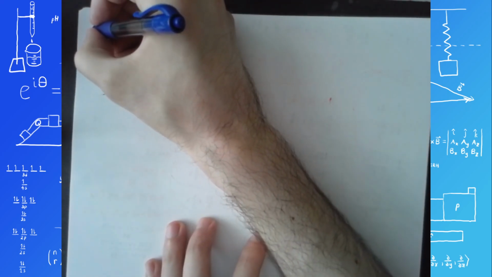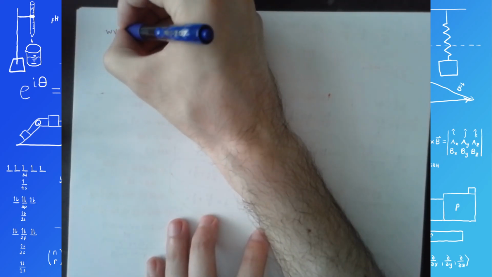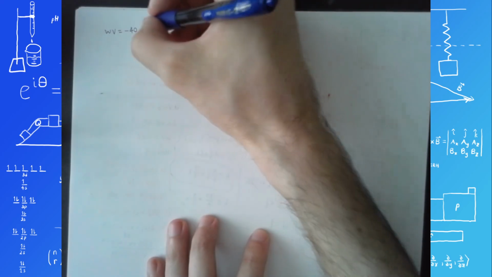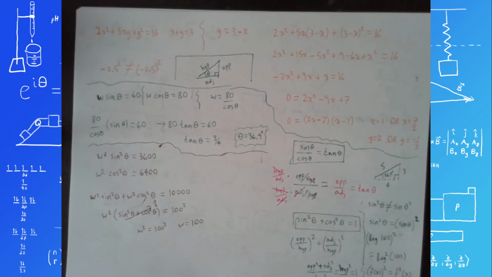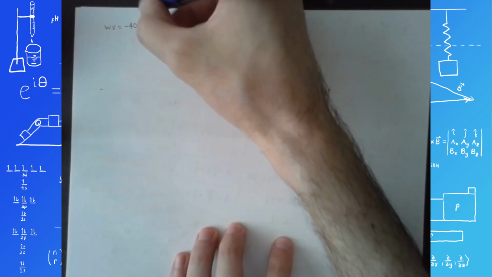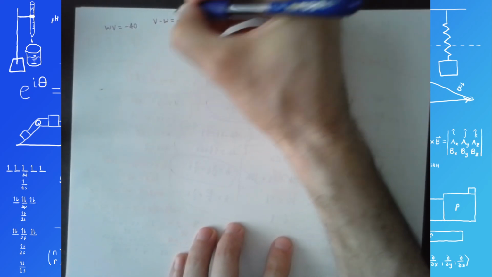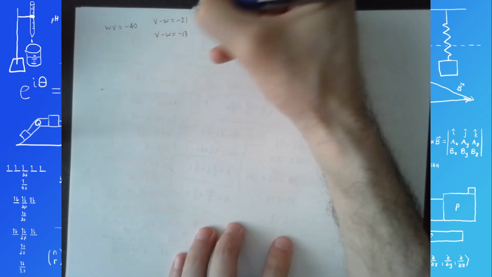So w times v equals -40, and also v minus w equals -21 or v minus w equals -13.